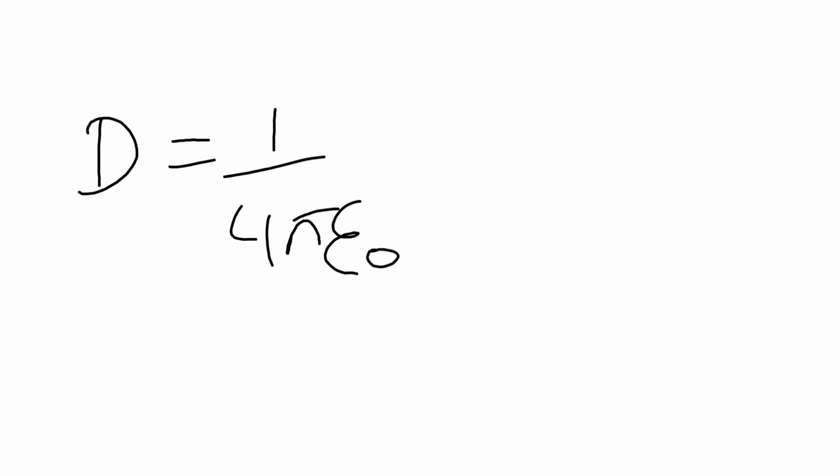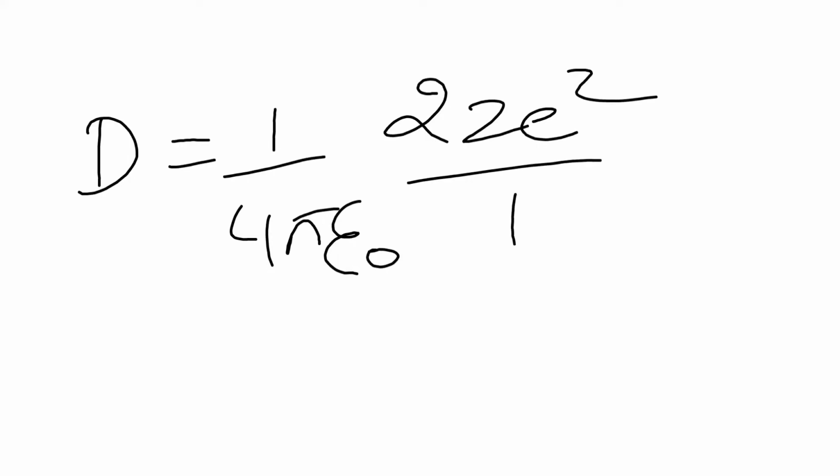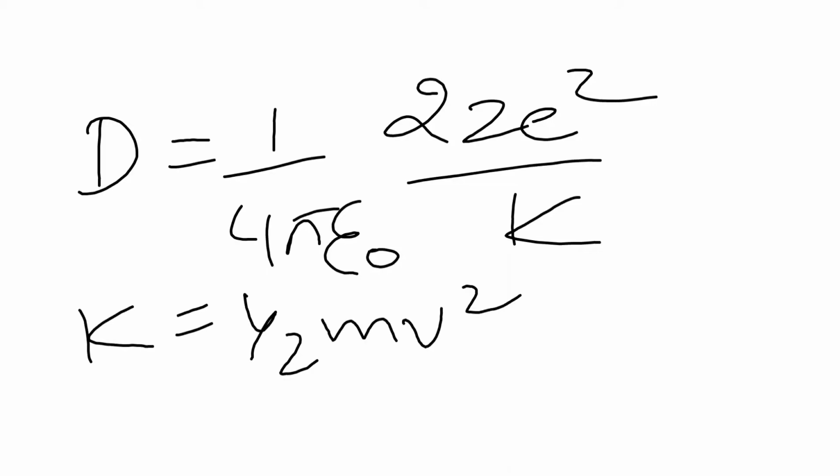And the distance of closest approach. In the previous session we had a discussion on the distance of closest approach, d equals 1 by 4 pi epsilon naught 2 z square e square divided by k. Here k is, as you know, the kinetic energy of the alpha particle.